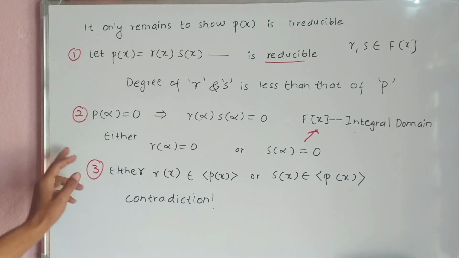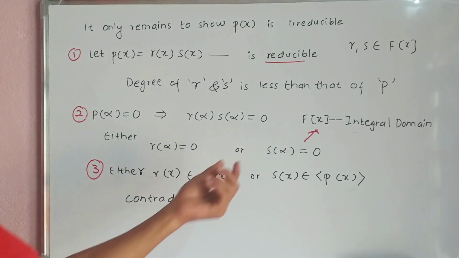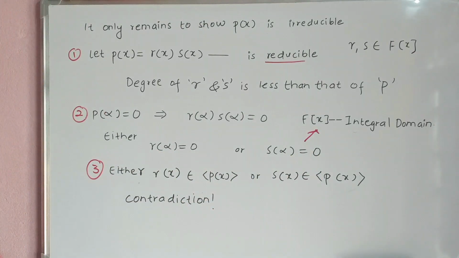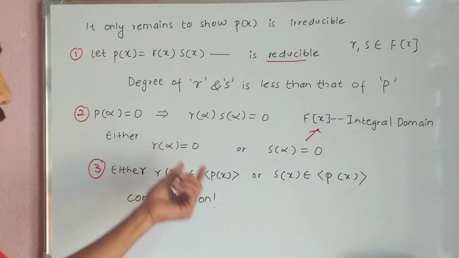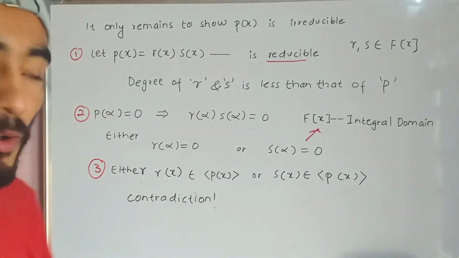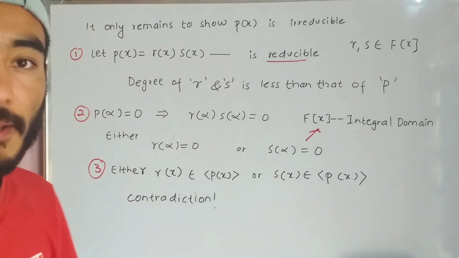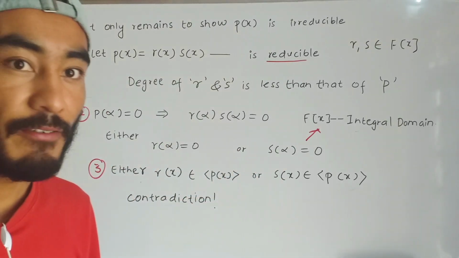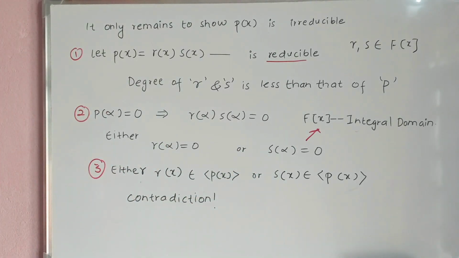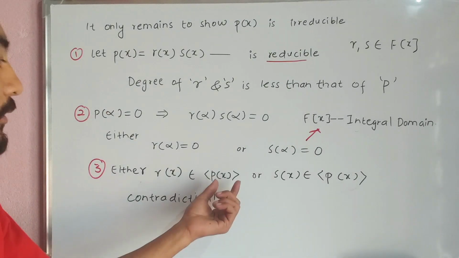And this implies either r(alpha) equals 0 or s(alpha) equals 0, because F[x] is an integral domain. Because r(alpha) equals 0 or s(alpha) equals 0, the polynomials r(x) and s(x) map to 0, the identity element, so they must belong to the kernel of phi alpha. But this is a contradiction, because the polynomial p(x) is of minimum degree in the kernel of phi alpha.